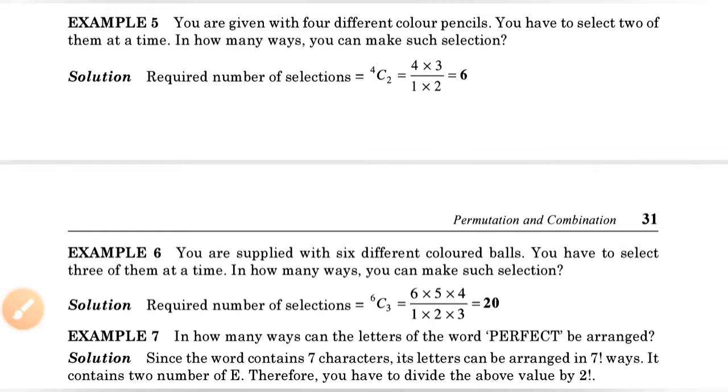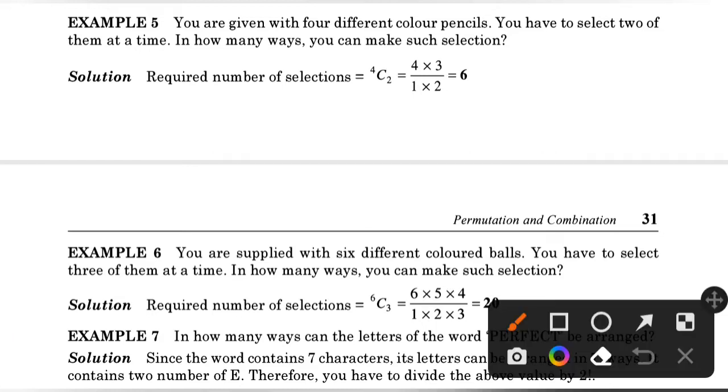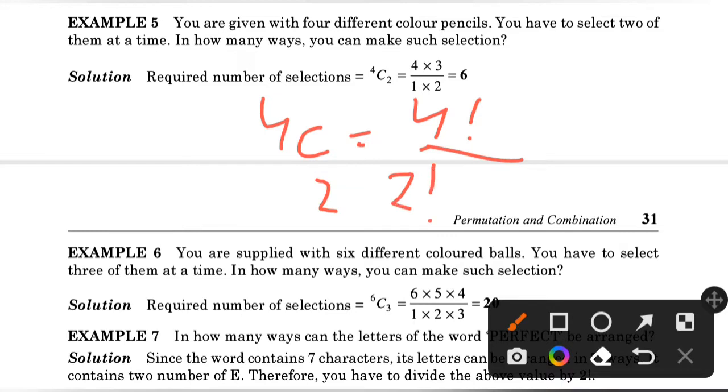So for this we use the combination formula, nCr. Now instead of n we have 4, and instead of r we have 2. So we can write this as 4C2, and this will be equal to 4 factorial over 2 factorial, and n minus r, which is 4 minus 2, is also 2 factorial.